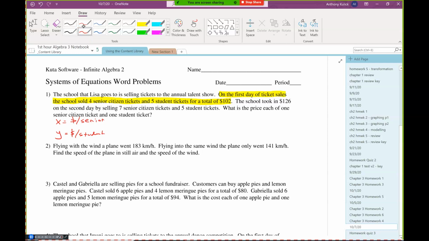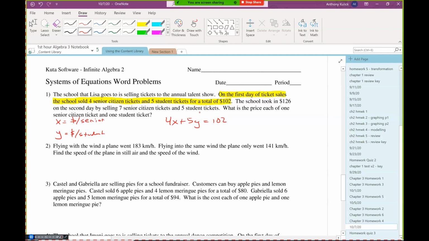How would I write that into an equation using the variables X and Y? Wonderful. 4x plus 5y equals 102.